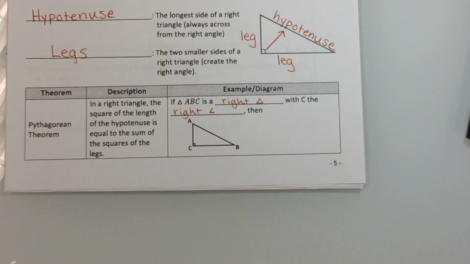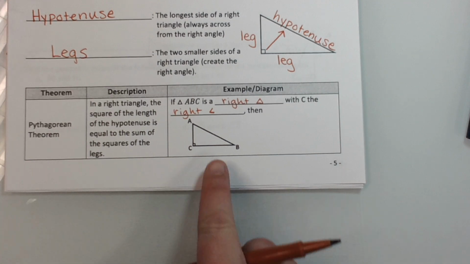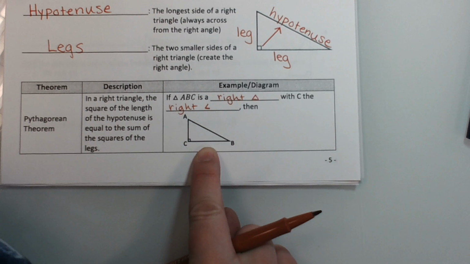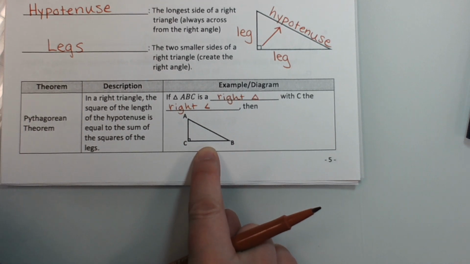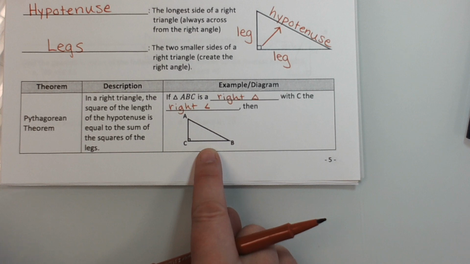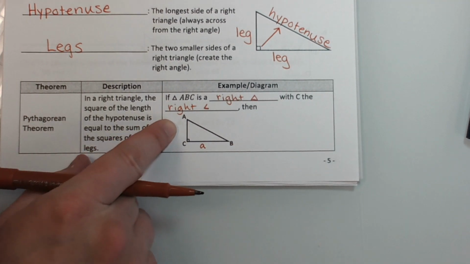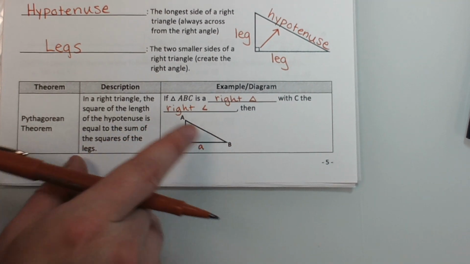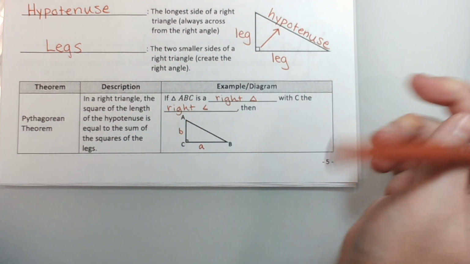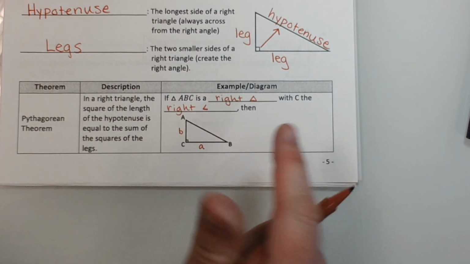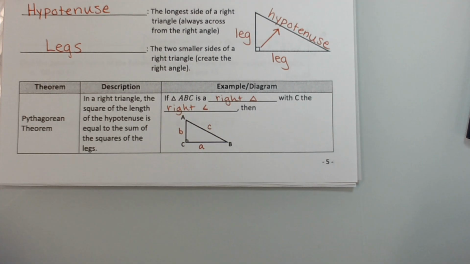It is triangle ABC, which means its sides are A, B, and C. This one down here, is it A, B, or C? That's A because it's not touching angle A, so lowercase a. What about this one over here? B because it's not touching angle B. And this one? C, lowercase c.